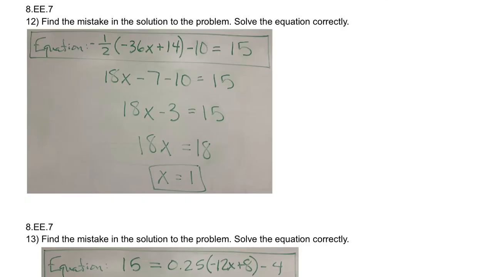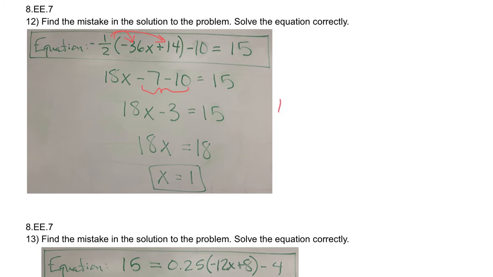Okay, find the mistake. Let's see. If I distribute, negative 1/2 times 36 is 18. Half of 14 is 7. Okay, minus 10. Combining like terms, the constants, negative 7 minus 10 should have been negative 17.